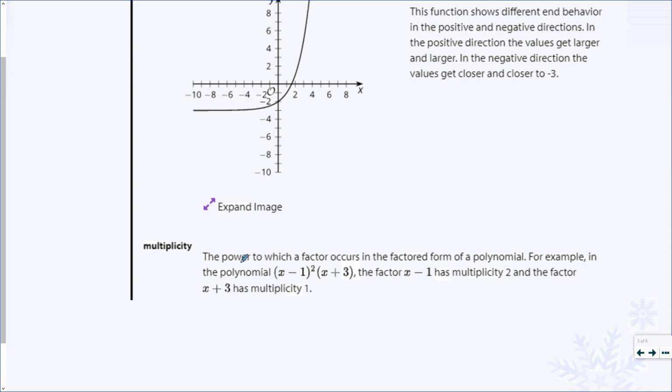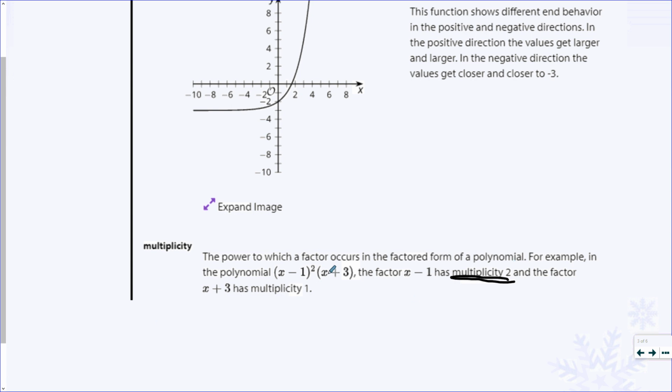Okay, the power to which a factor in the factored form of a polynomial. So for instance, if you have the polynomial x minus 1 squared times x plus 3, the factor x minus 1 has a multiplicity of 2. So multiplicity is a fancy way of saying that there's two copies of the x minus 1.